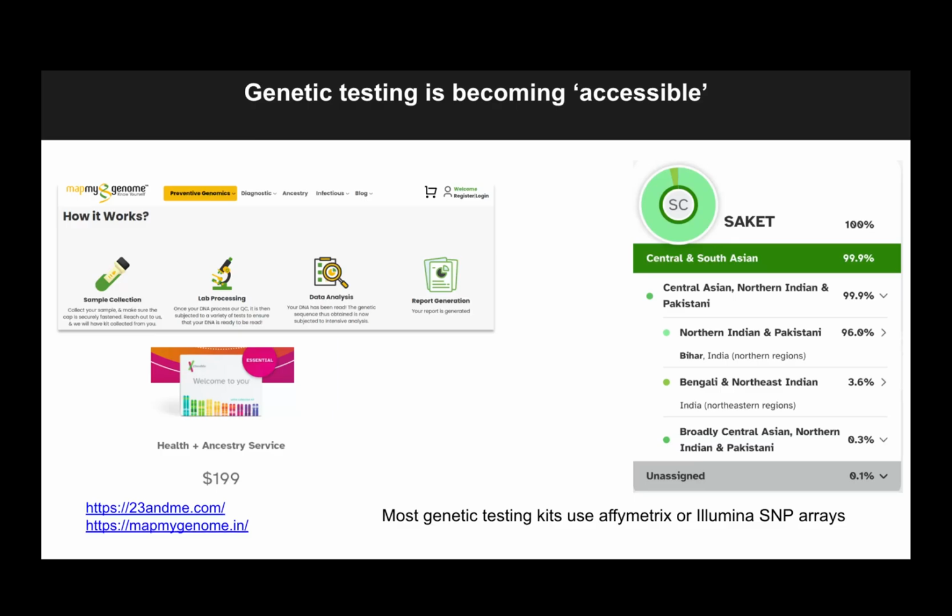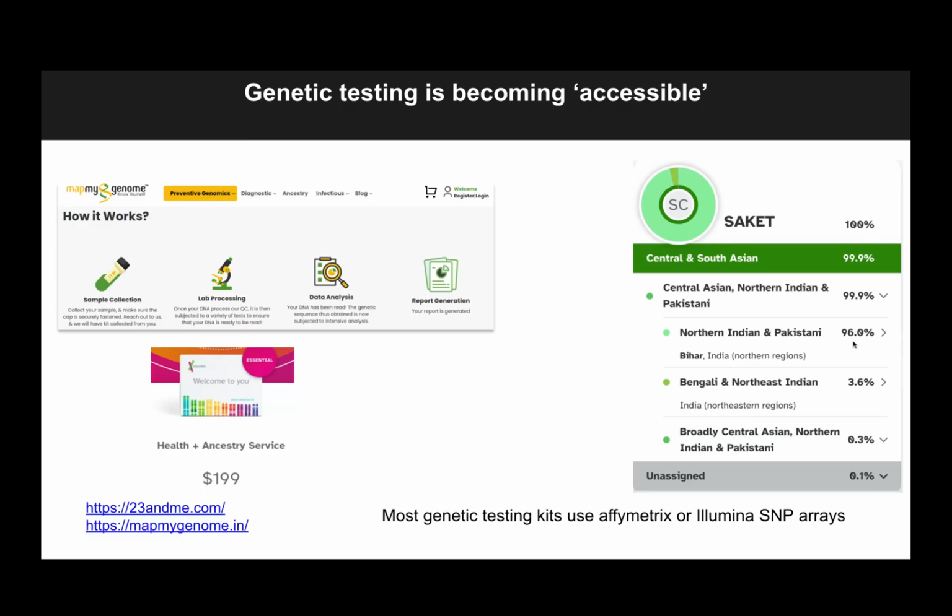So I did my 23andMe back in 2015, and this is the result I got. Nothing very interesting about it, right? It claims that I am Central Asian, North Indian, and Pakistani. At least at that time there was no way to distinguish between these three categories. I think now you can be a bit more sure, and that's what it shows you here, that I'm 96% North Indian and Pakistani.